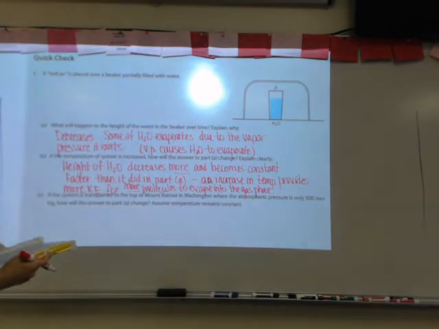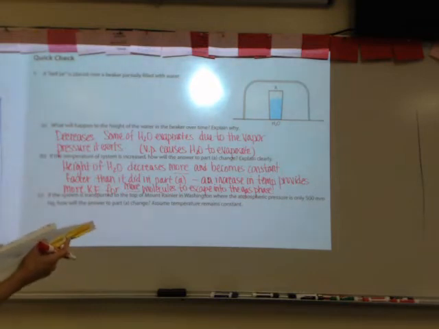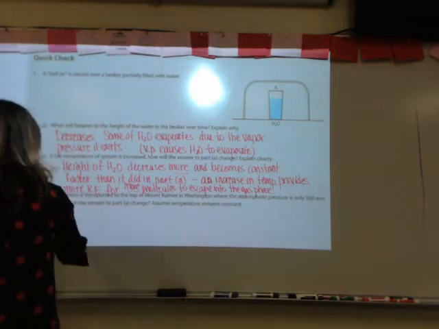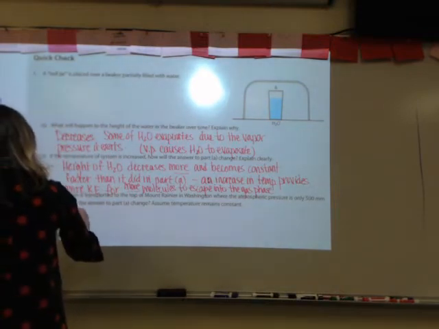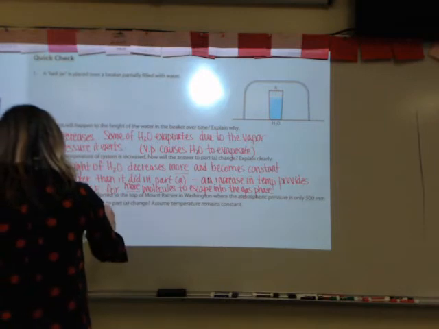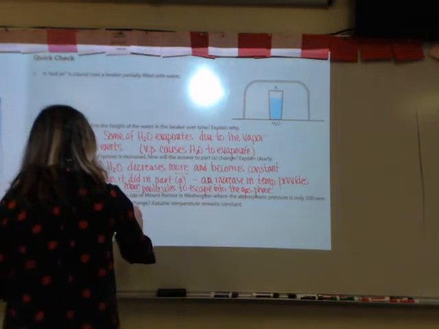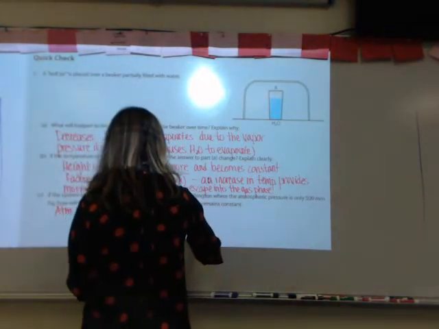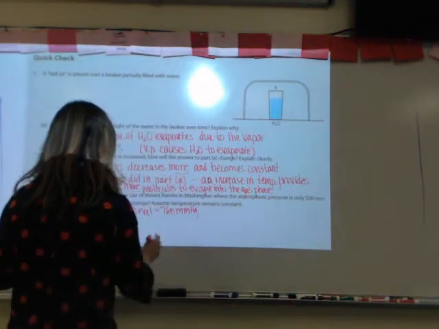C. If the system is transported to the top of Mount Rainier in Washington, where the atmospheric pressure is only 500 millimeters of mercury, how will the answer to part A change? Assume temperature remains constant. Well, the atmospheric pressure at sea level is 760 millimeters of mercury.